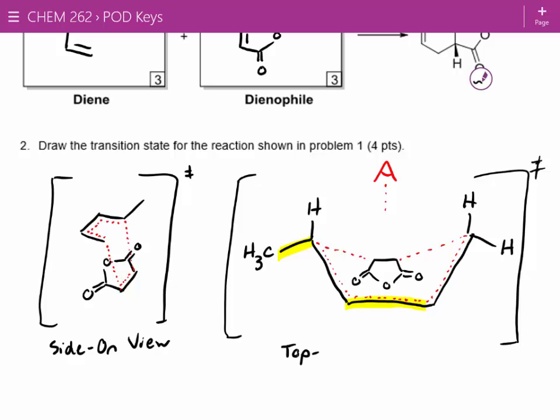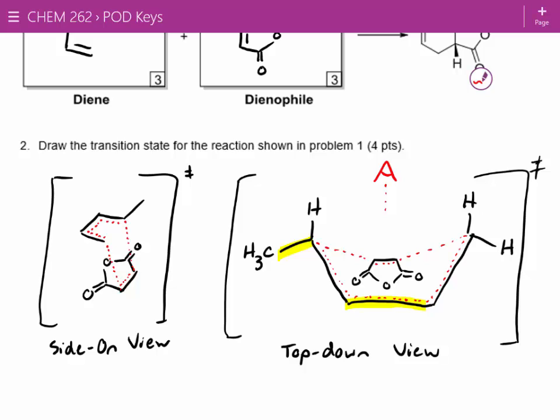What if you have, in the top-down view, the boat conformation? What if you have the dienophile? Yeah, the dienophile. What if you had it with the oxygen cut?